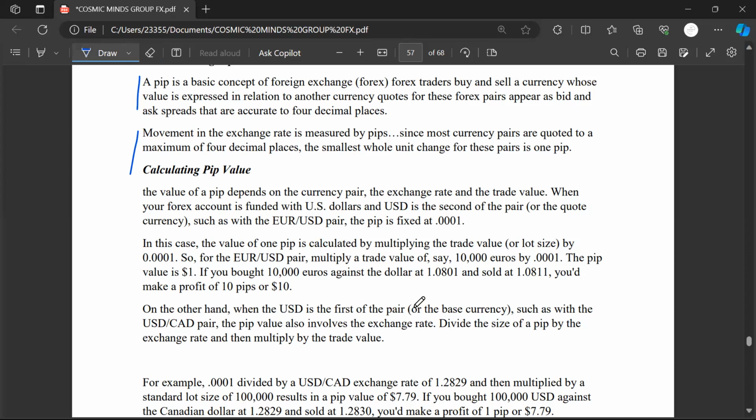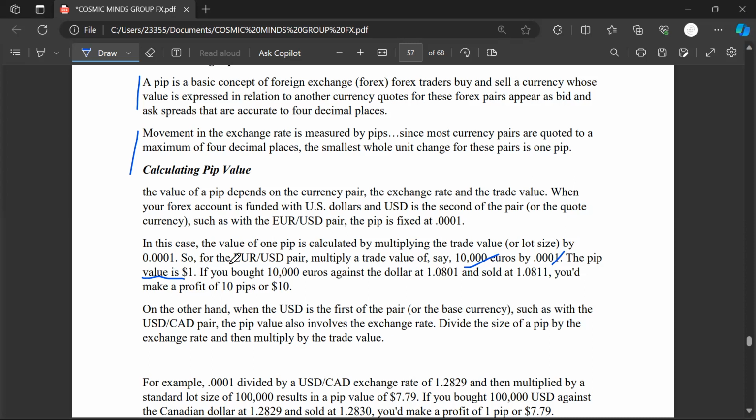If you do your normal calculation, you are getting $1. You can do that on your calculator, from your phone or your PC. I've done mine already: multiply 10,000 by 0.0001, and you're going to get $1.